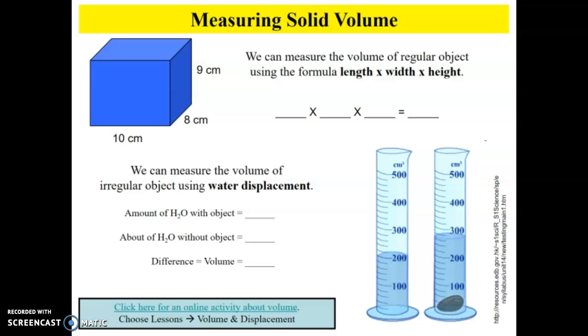So hopefully you got 720, right? If you do 9 times 8 times 10, that comes out to 720 centimeters cubed. That's the important thing, centimeters cubed.